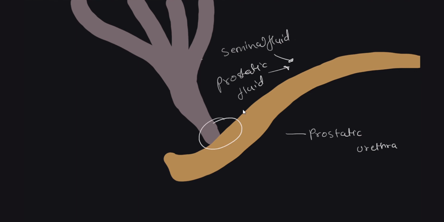Now, what are the main characteristics of a typical prostatic fluid? You can find that the prostatic fluid is slightly acidic, and that it contains acid phosphatase and amylase.